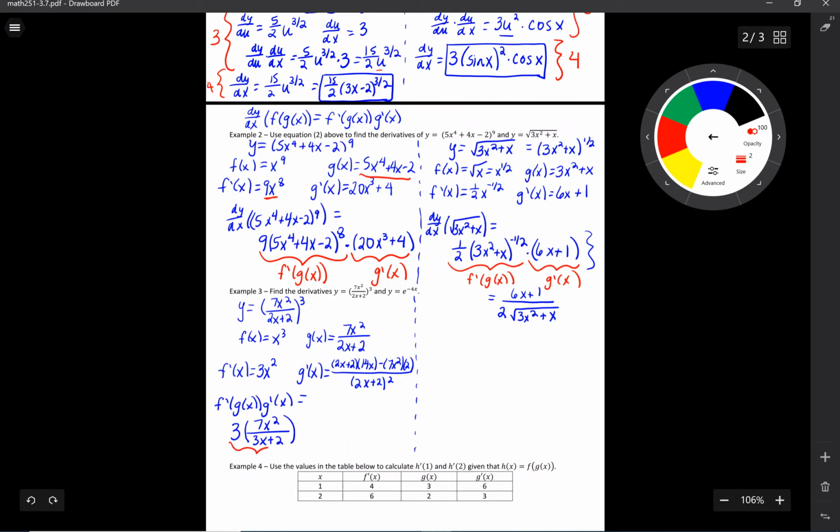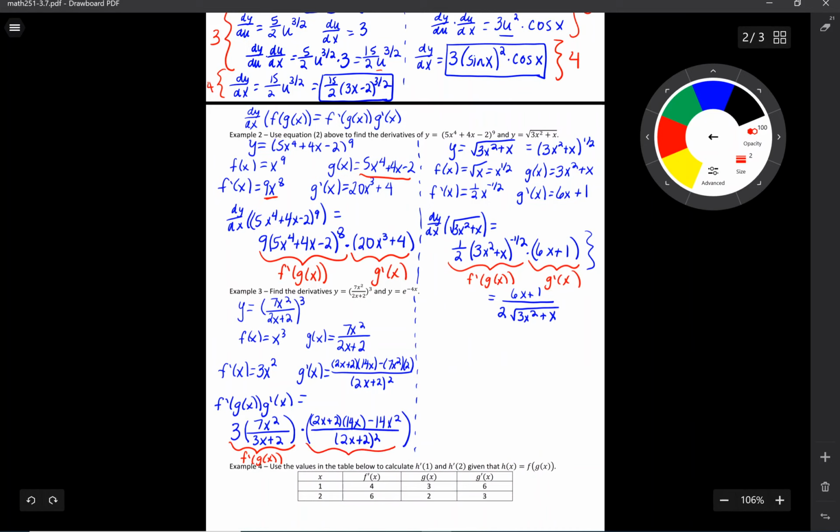This is f prime of g of x, times g prime, which is this monster right here: 2x plus 2 times 14x minus, if I multiply that 7 and that 2, I get 14x squared, all of this over 2x plus 2 squared.